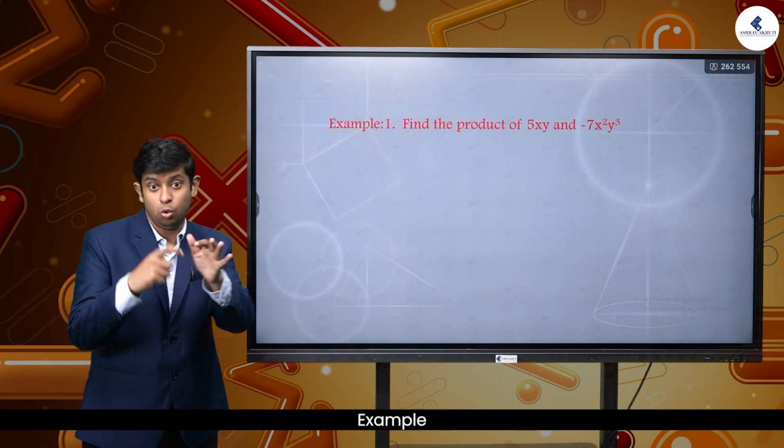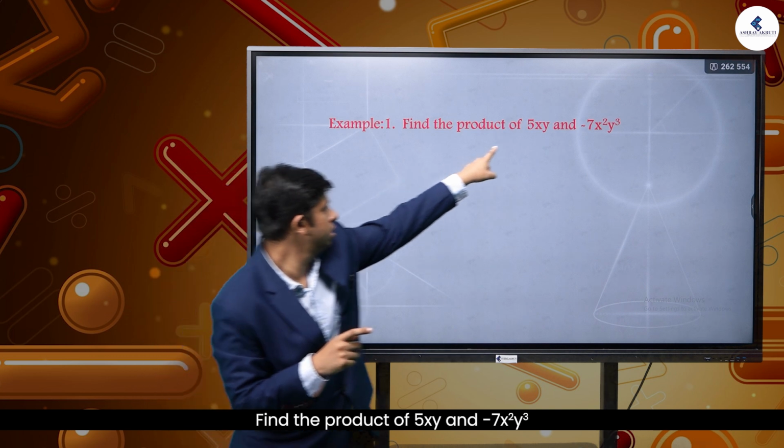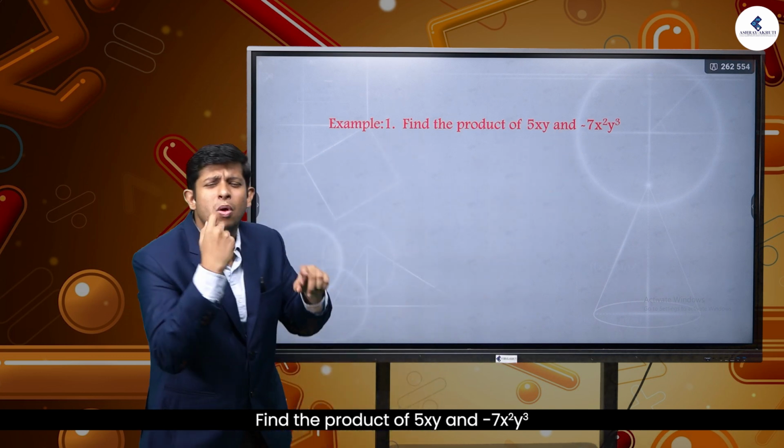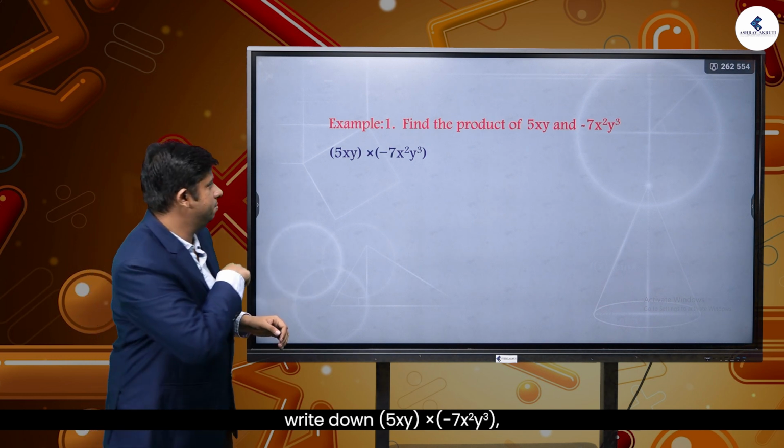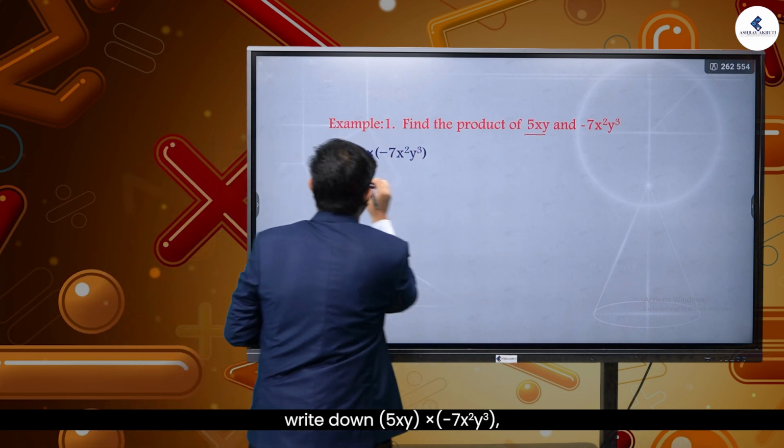Example: find the product of 5xy and minus 7x square y cube. We write down 5xy into minus 7x square y cube.